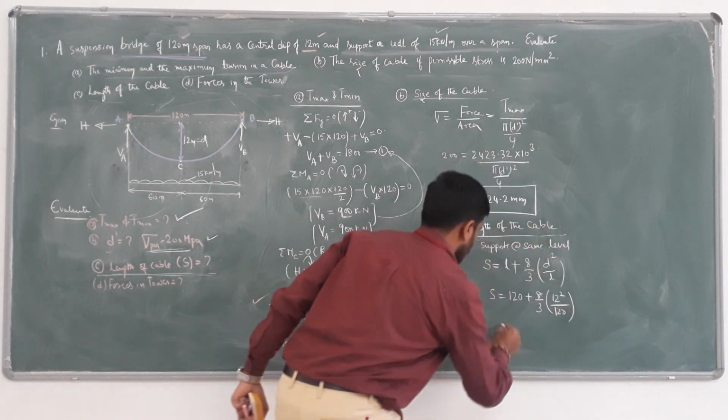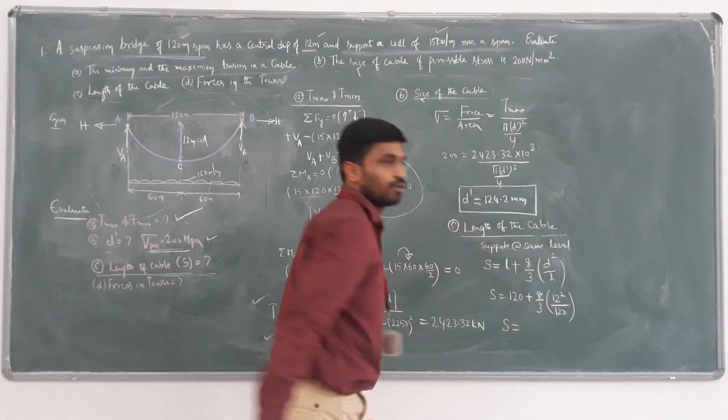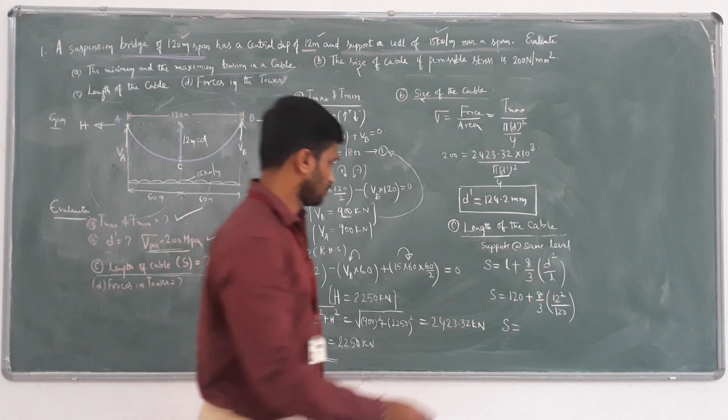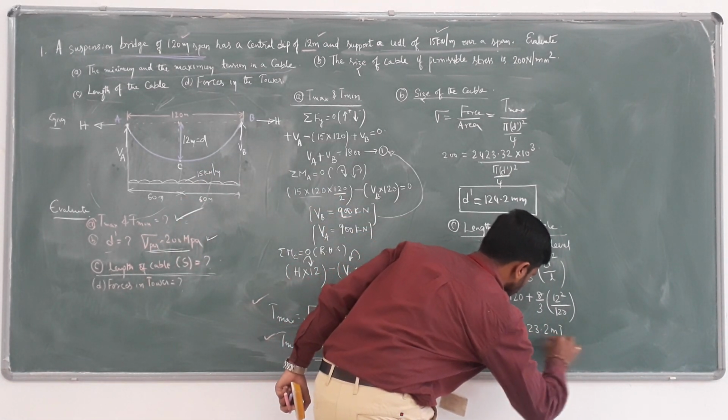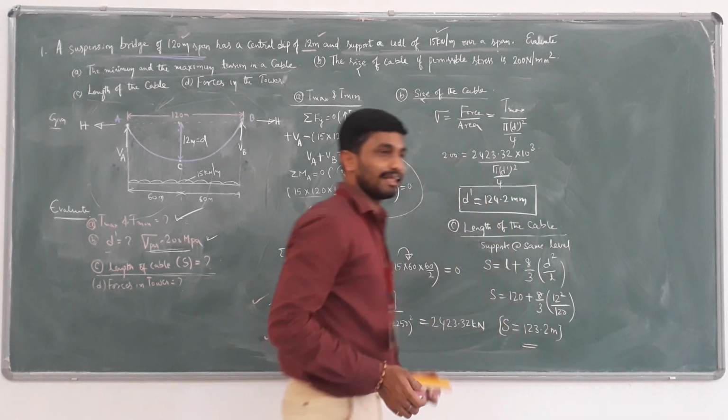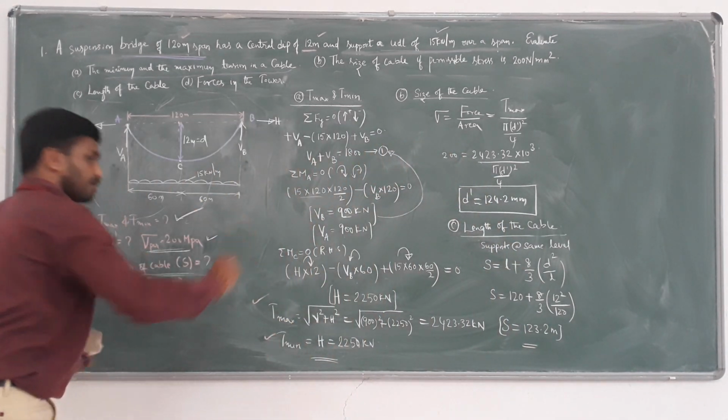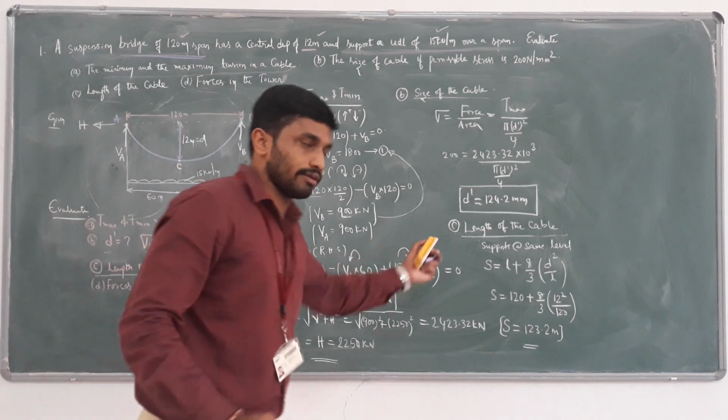You just solve this and get the S value. What is the S value? 123.2 meters. So we got the length also, and the third evaluation is also over.